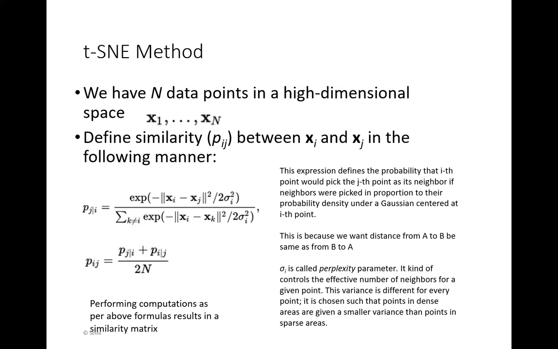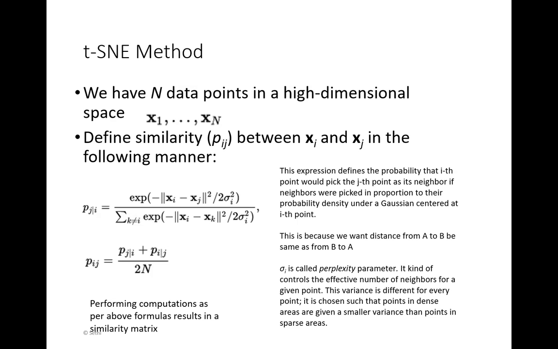All right. So this expression is really defining the probability that the ith point would pick the jth point as its neighbor if neighbors were picked in proportion to their probability density under a Gaussian centered at the ith point.